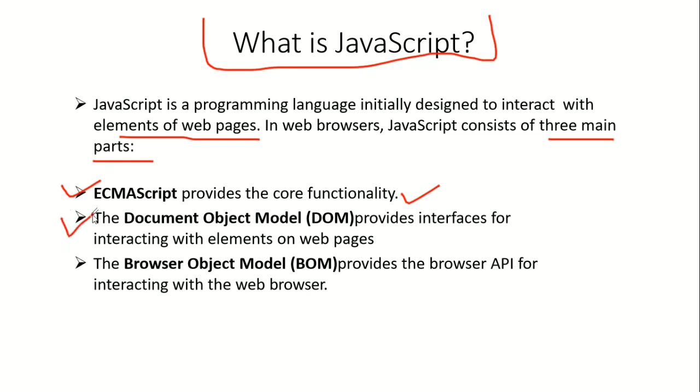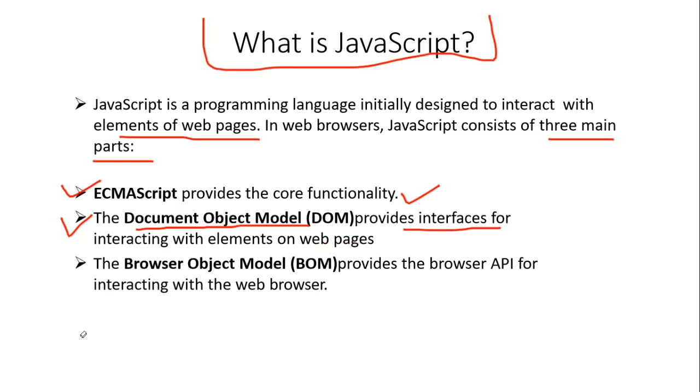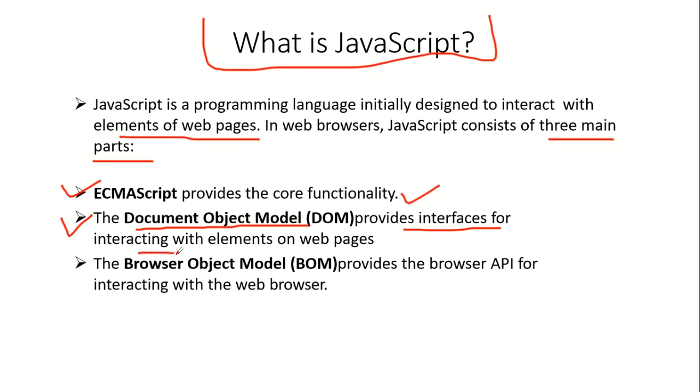Now the second main. In this, we have the DOM concept. What is DOM? Document Object Model, which provides interfaces for interacting with the elements on a web page. What are you going to interact with? Elements on a web page.